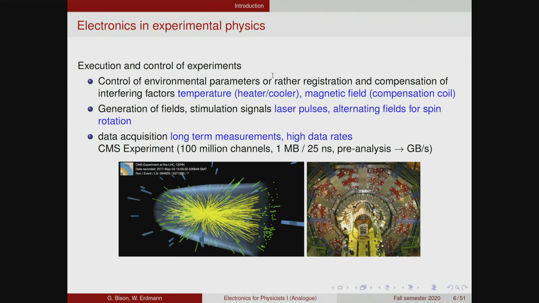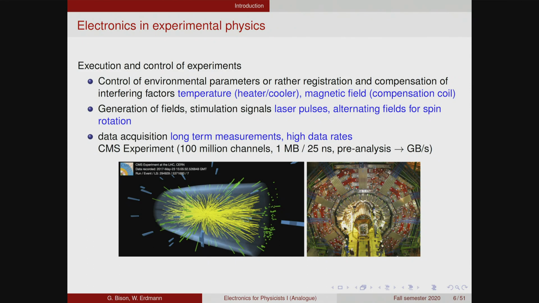For example, you want to have a strong magnetic field in your experiment, or you need a temperature, or just control the parameters of your experiment. We often need to stimulate something in our experiments: laser pulses, alternating magnetic fields, spin rotation. And so this is also an electronic system that controls the experiment.